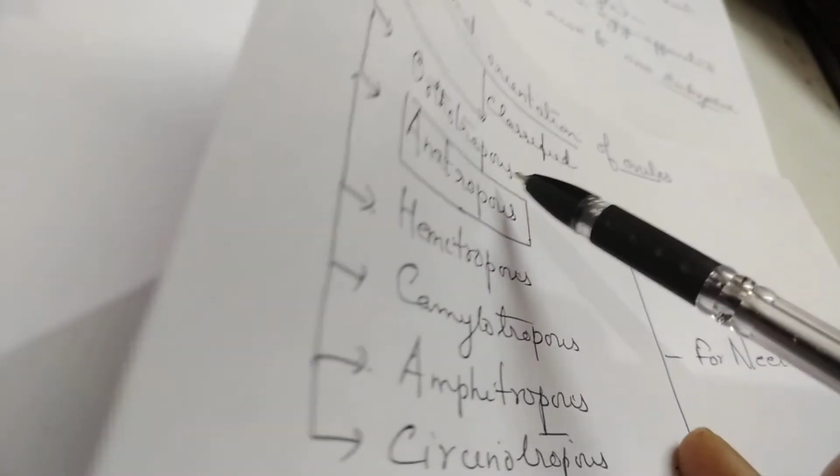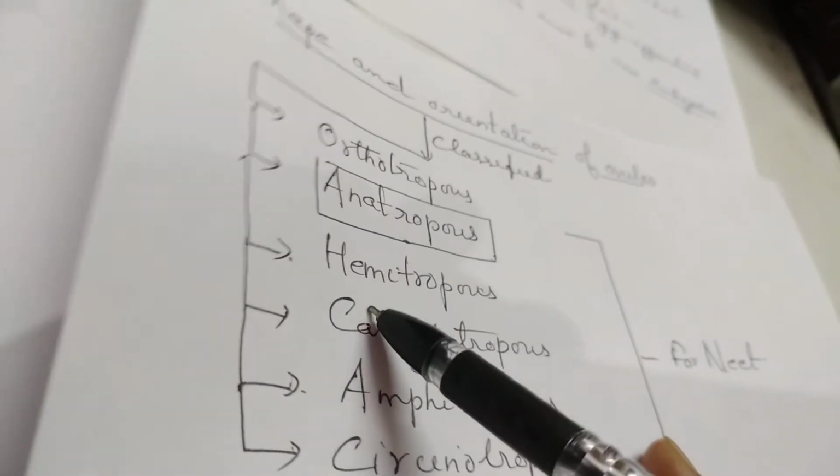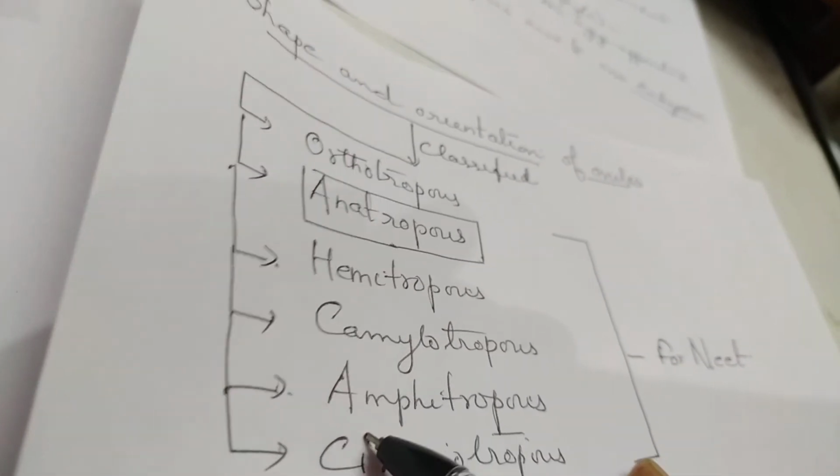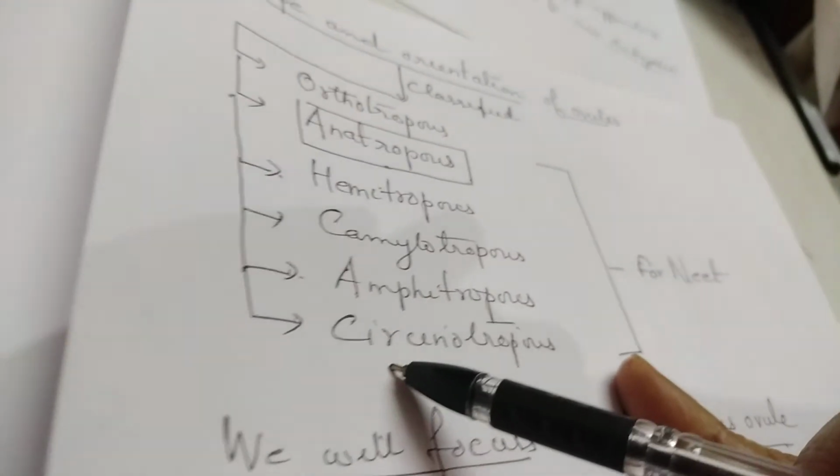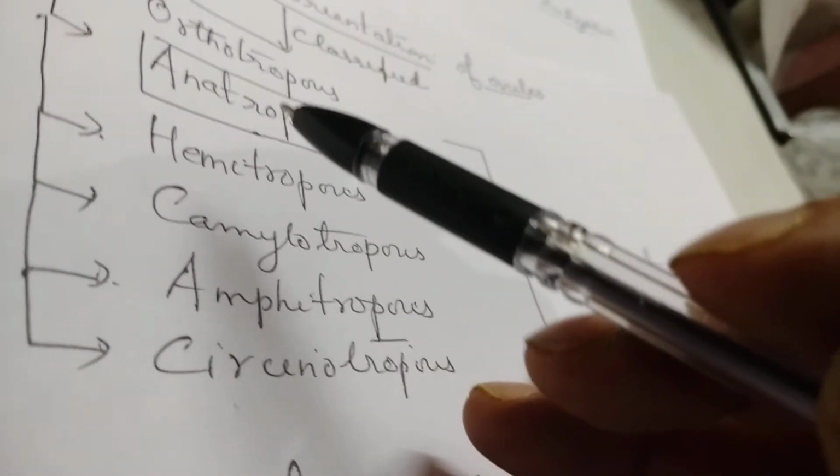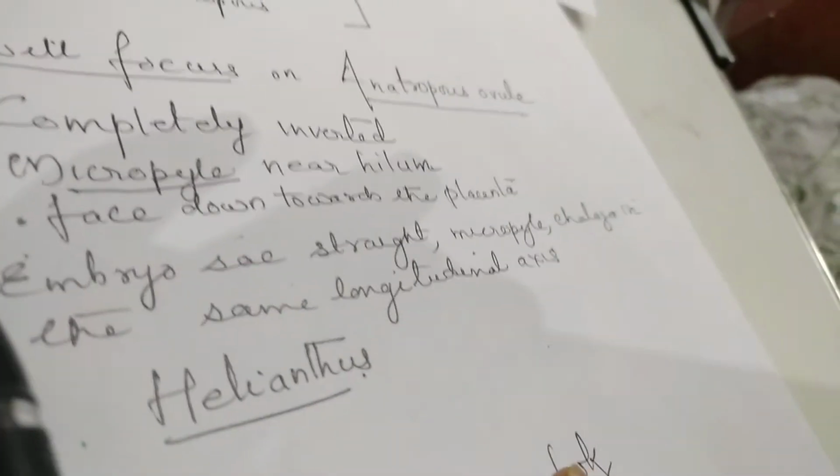Now next, based on the shapes and the orientation of the ovules, they are classified into different types: orthotropous, anatropous, hemitropous, campylotropous, amphitropous, circinotropous. All these are for your knowledge, but we have to focus on the anatropous ovule. What is actually this anatropous ovule?